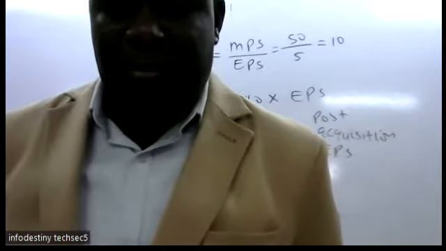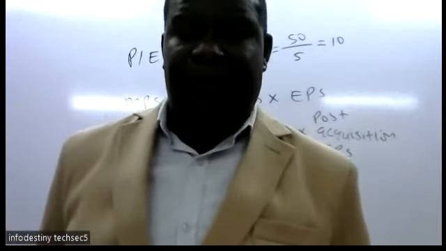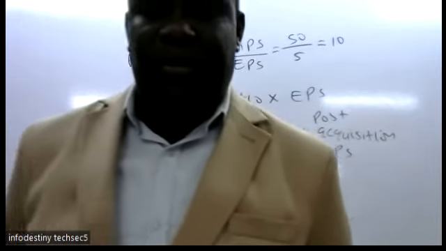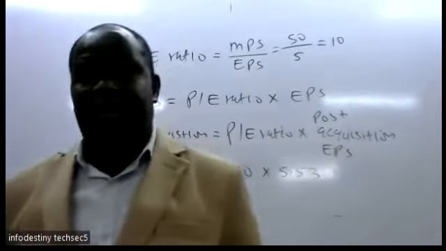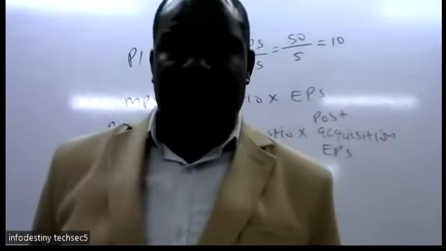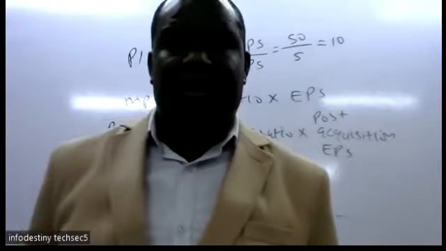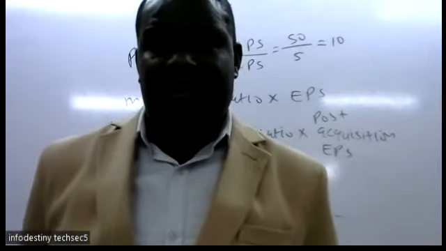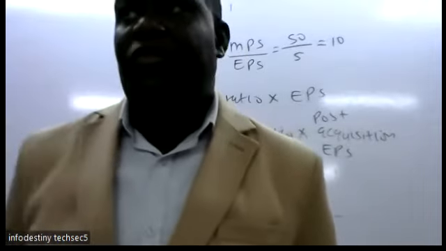Then B will be non-constant dividend growth rate ordinary shares.